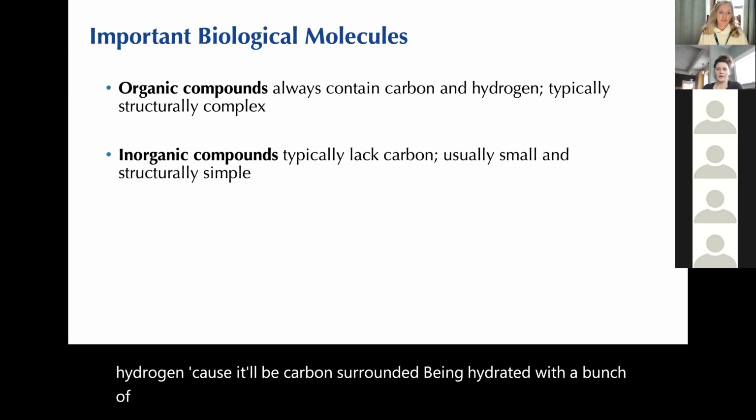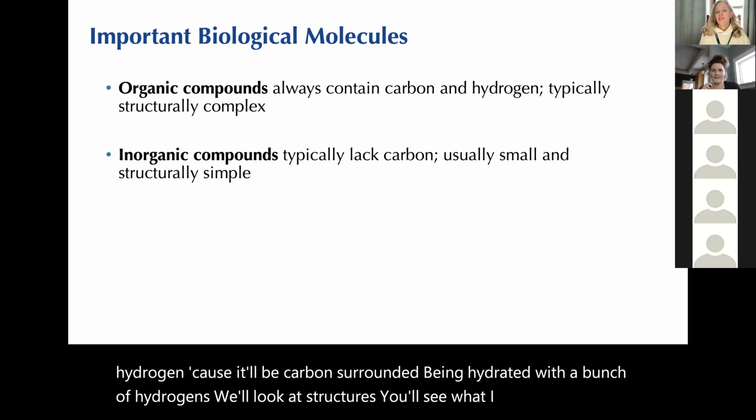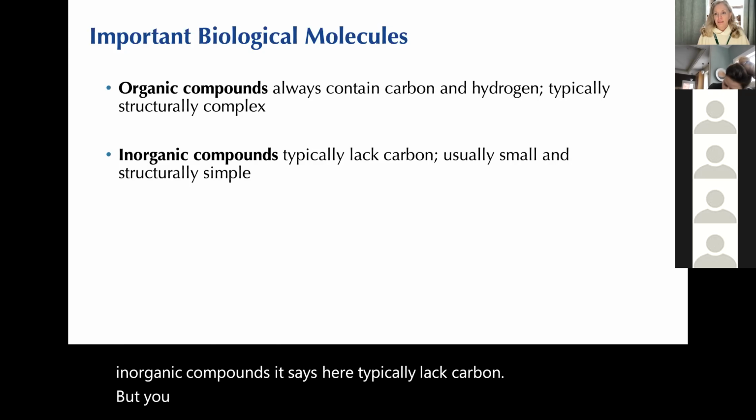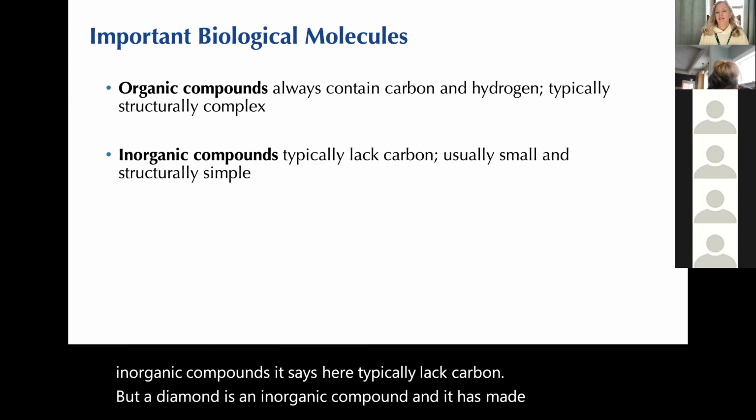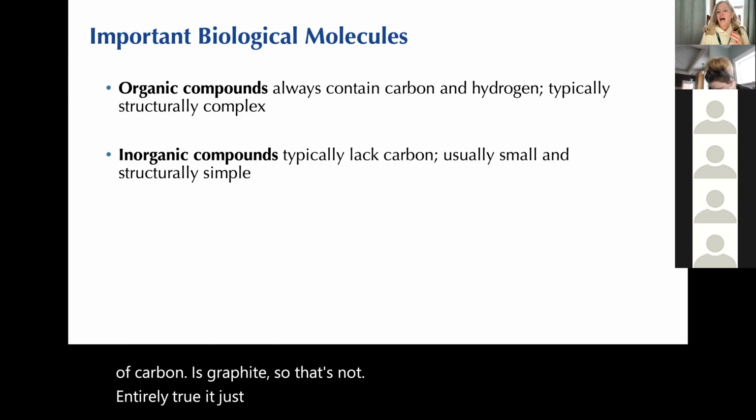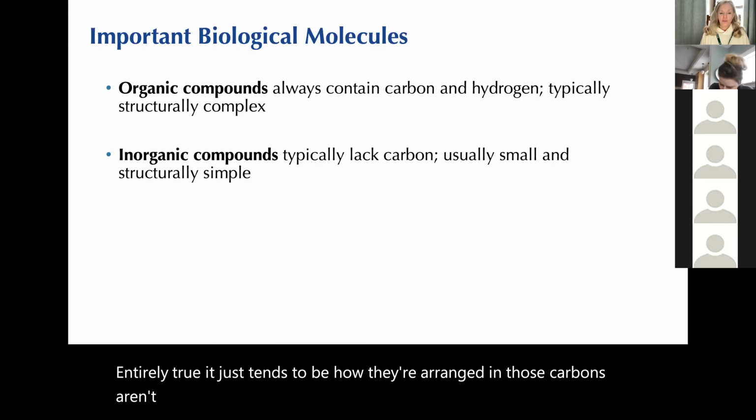We'll look at structures, you'll see what I mean. Whereas inorganic compounds, it says here, typically lack carbon, but a diamond is an inorganic compound and it is made completely out of carbon, as is graphite. So that's not entirely true. It just tends to be how they're arranged, and those carbons aren't hydrated as hydrocarbons.